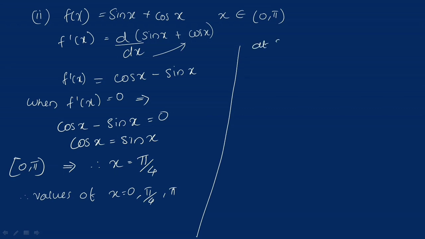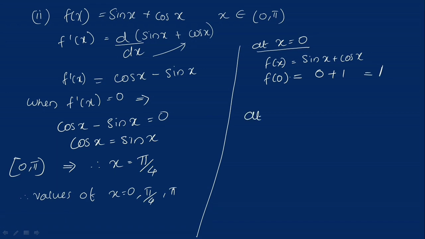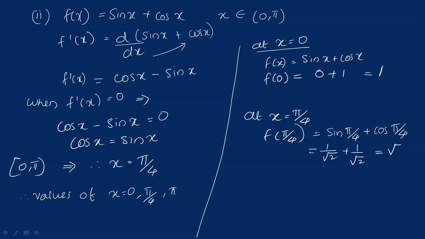First, at x = 0, we have f(x) = sin x + cos x, right? So f(0) is sin 0 + cos 0. Sin 0 is 0, cos 0 is 1. So we have f(0) = 1. At x = π/4, f(π/4) is sin π/4 + cos π/4, that is 1/√2 + 1/√2, that by solving will be √2.